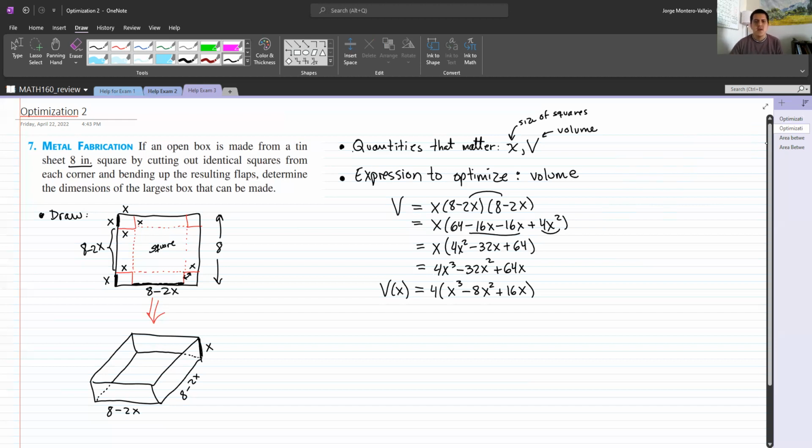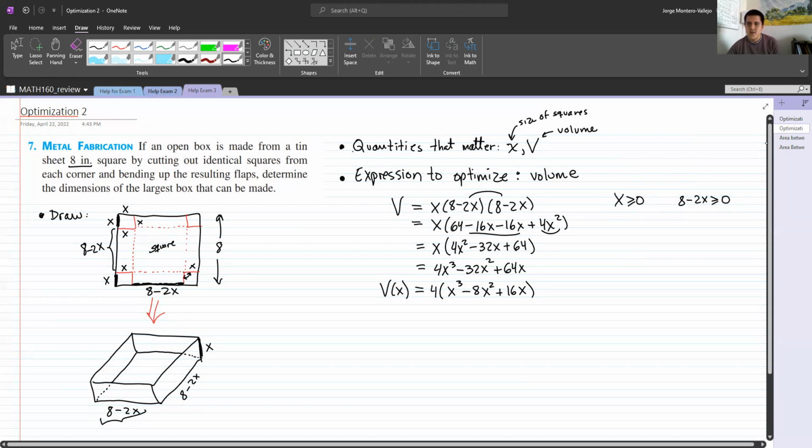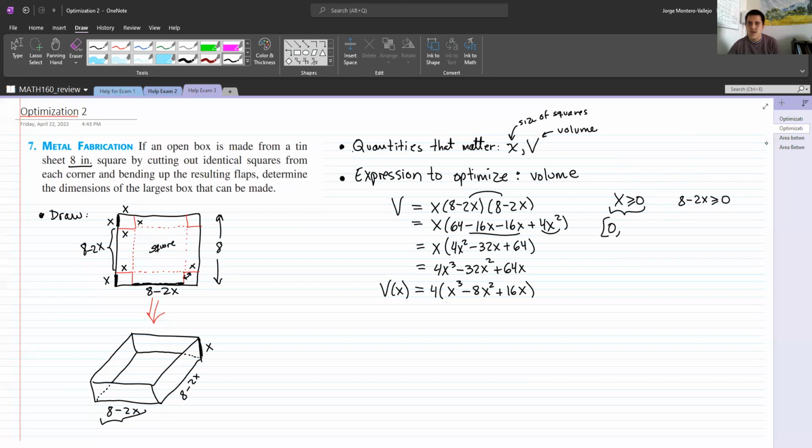Okay, so let's see. We can do the same analysis that we did before. We know that the dimensions don't make sense as being negative, so they have to be at least 0, right? So x has to be at least 0. And also, the other dimension involved is 8 minus 2x, right? 8 minus 2x also needs to be at least 0. So this gives us one end of the interval, it's going to start at 0. Now this one will give you the other one.